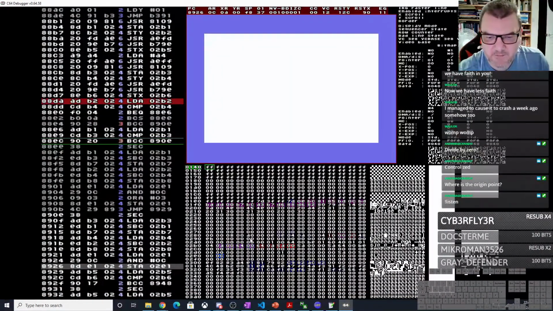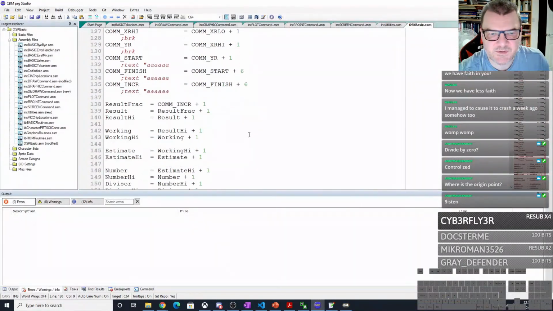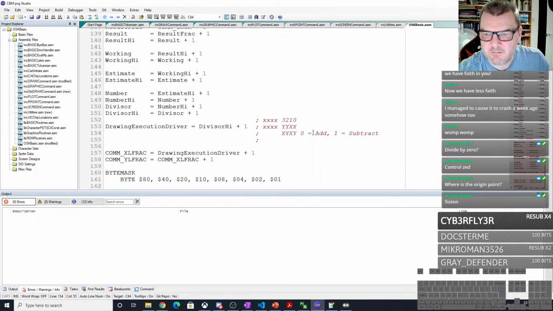Oh, I ain't stored it yet. So it's kept what it was there before. So 0, oh right, so it's definitely done the OC, because we said that 0 was add, 1 is subtract.